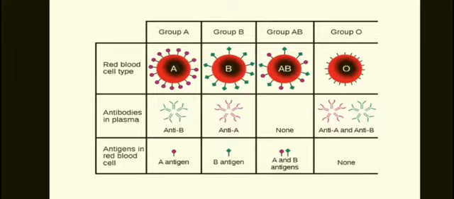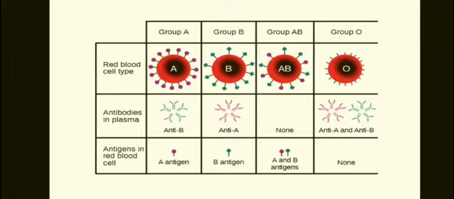You can even see the shape that's different. Blood group B displays B antigen. Blood group AB displays both antigens A and B. Blood group O doesn't display any antigen.